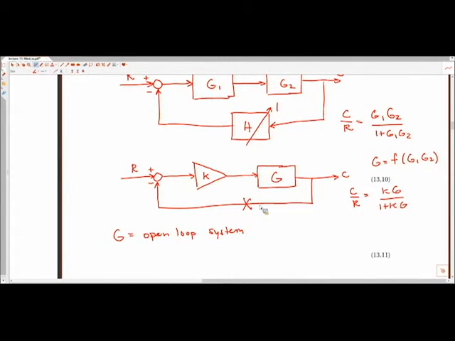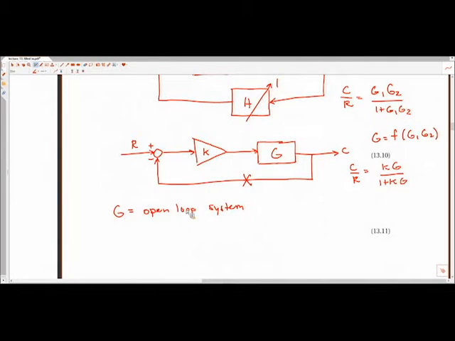It's going to have poles and zeros that are a function of the poles and zeros of the plant and the controller combined. So what we're going to be doing is what's called open loop analysis. We're going to look at this simpler transfer function G. So, open loop analysis.